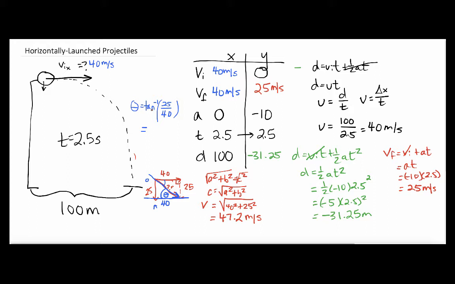There's a button in your calculator for this. It's not supposed to be tan to the -1. There's literally a button that says tan -1. And once you push that, make sure that you are in degree mode and not radian mode, or you'll get the wrong answer. But in degree mode, you end up with 32 degrees. So this angle here is 32 degrees.